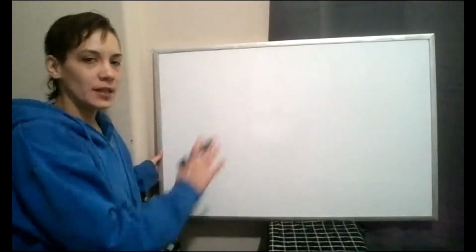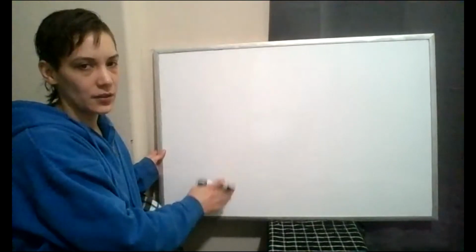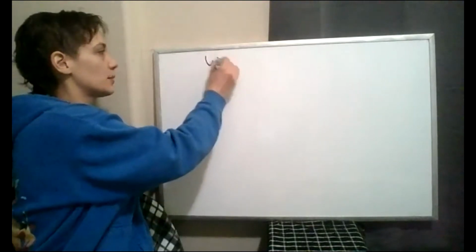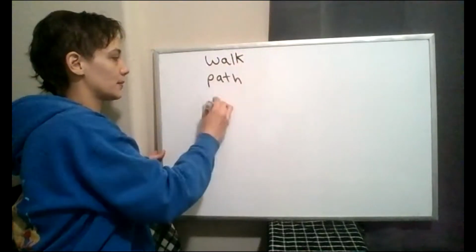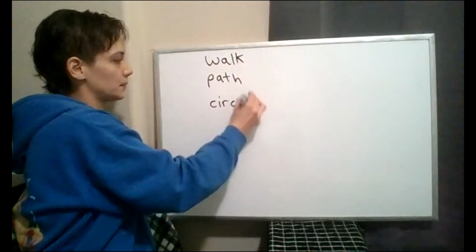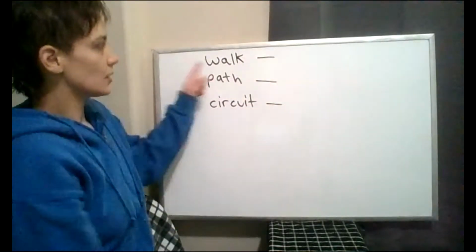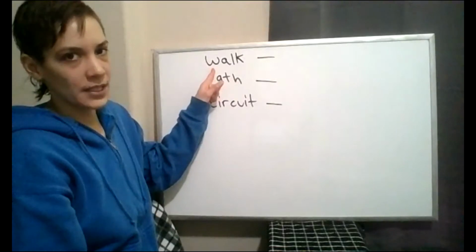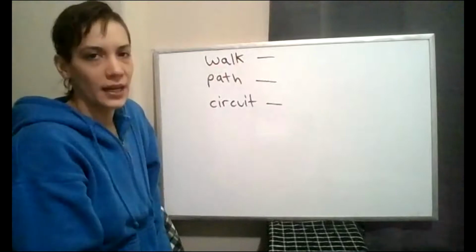Okay, so let's even back up further to just plain walk, path, circuit. A walk is a sequence of vertices, one connected to the other by an edge.